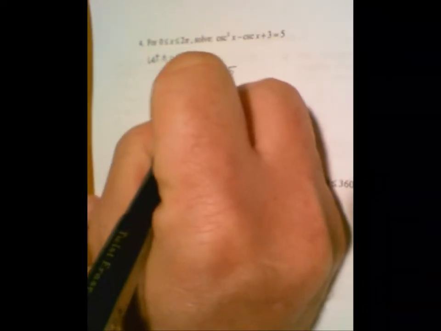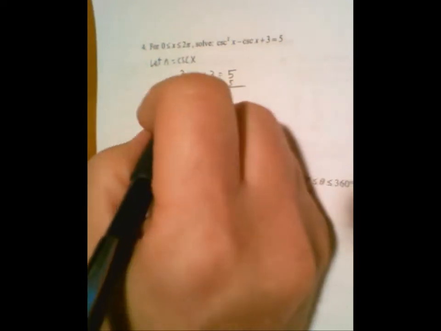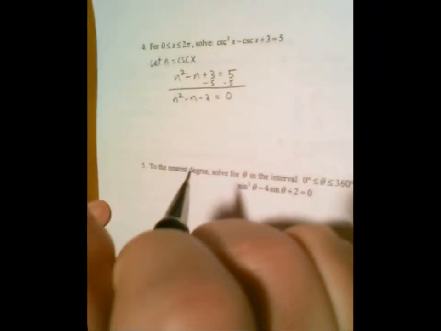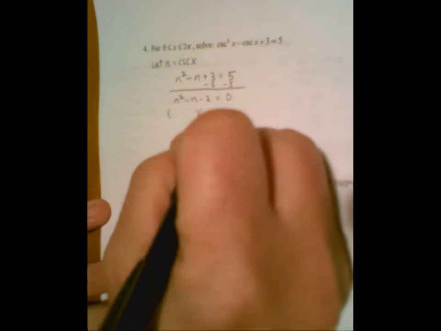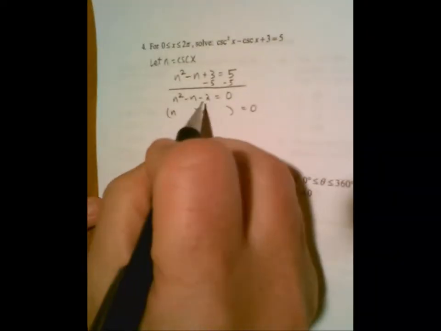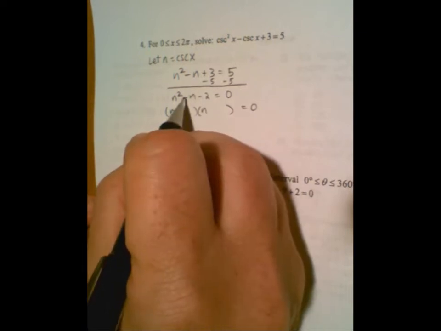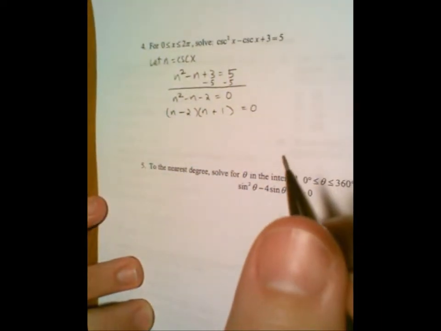Minus 5, minus 5, n squared minus n minus 2 equals 0. I'm factoring it, so I get n and n. What two numbers multiply to give you negative 2, but add together to give you negative 1? Negative 2 and positive 1.